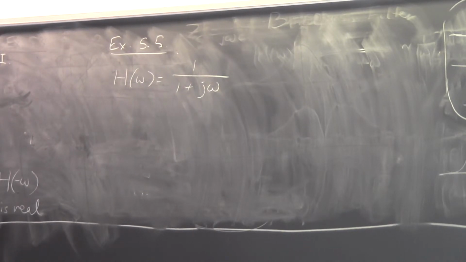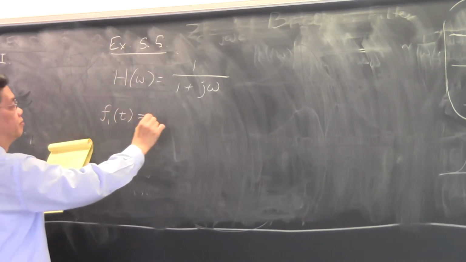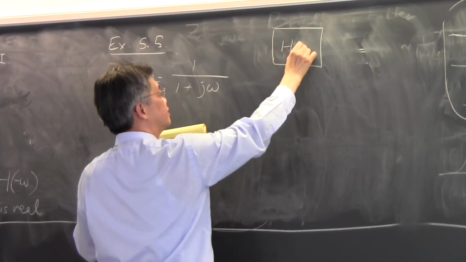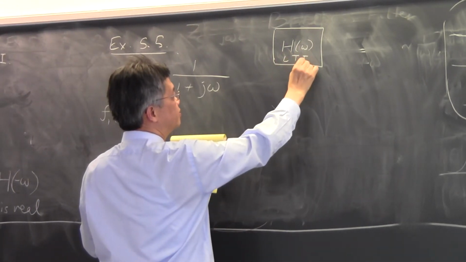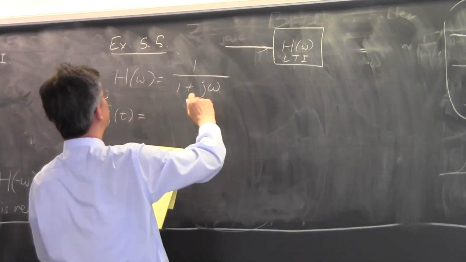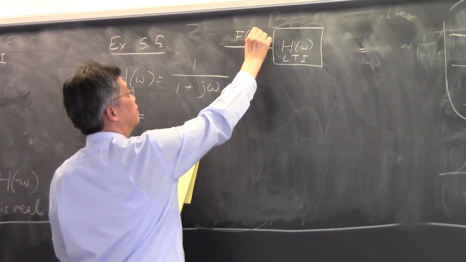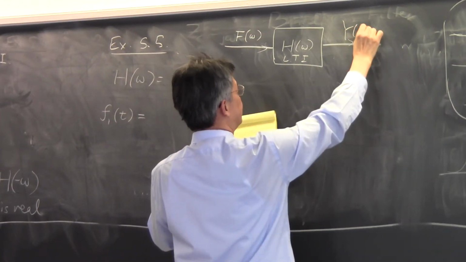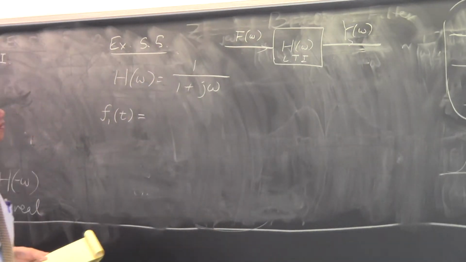Suppose there are two inputs to this system, which we call H of omega, and it's a linear time invariant system. If I have an input to this system, maybe I have an output Y of omega coming out. I guess they use Y as the output.